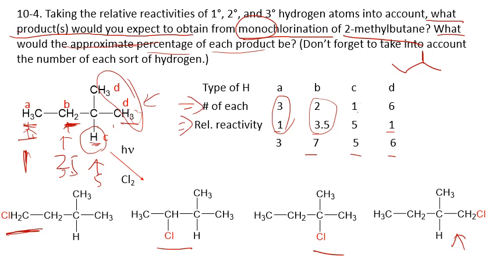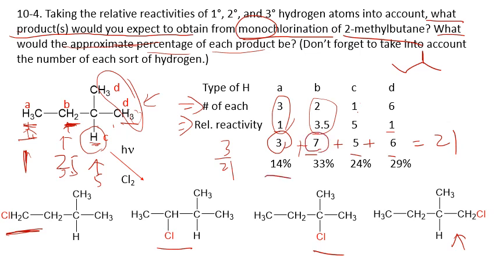So this is the relative ratio you would expect by considering both reactivity and the number of hydrogens in the reactants. Now to calculate the percentage, we add all these together. That gives you 21 altogether, and then you divide each of them by 21. So 3 divided by 21 gives you 14%.